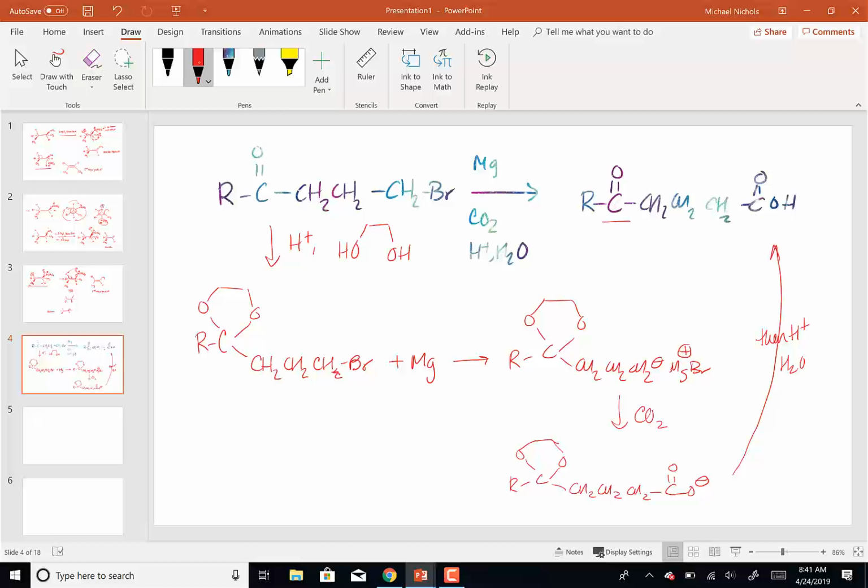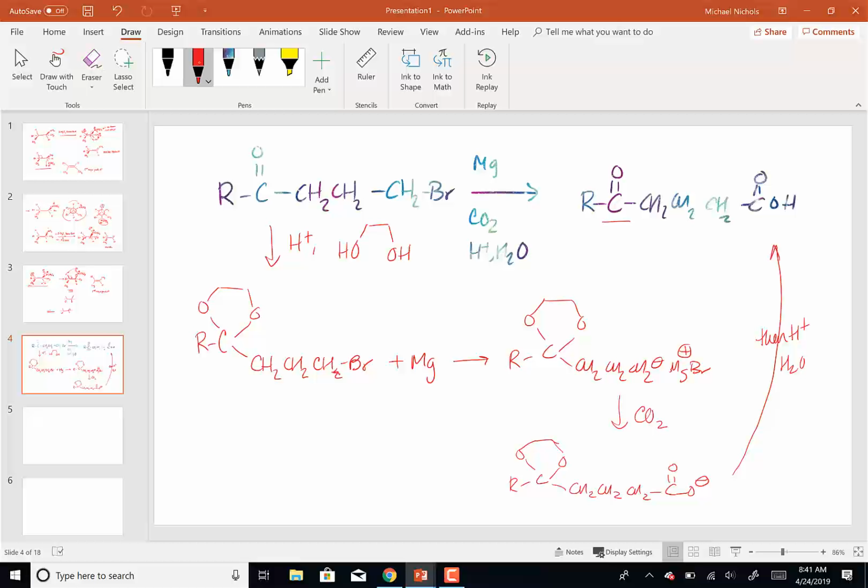And remember, that's chapter 22, aldehydes and ketones. What did we make? Hydrates. Hemiacetals, hemiketals. Acetals and ketals. We made imines and Schiff bases.